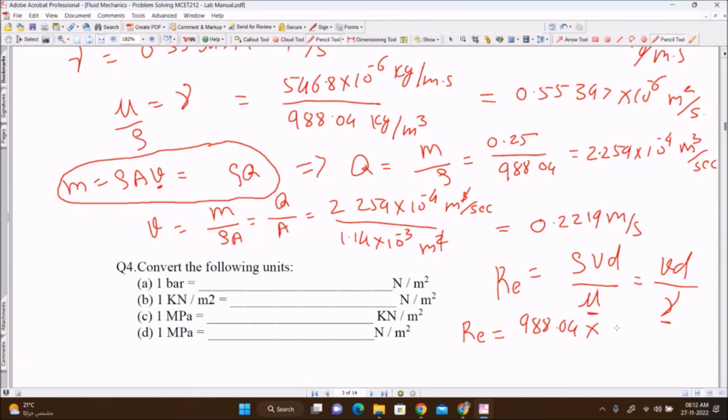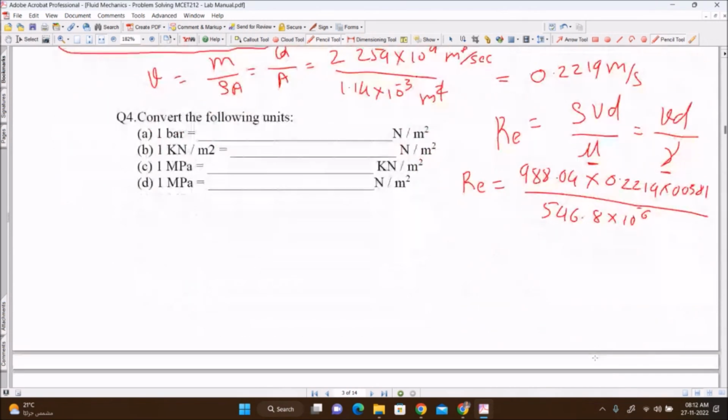Reynolds number is equal to 988.04 into velocity 0.2219 into diameter 0.0381 divided by dynamic viscosity, 546.8 into 10 to the power minus 6.